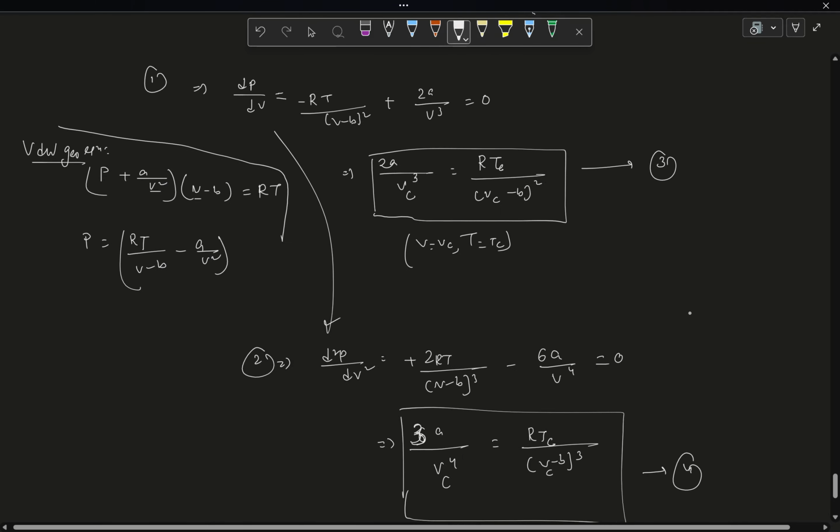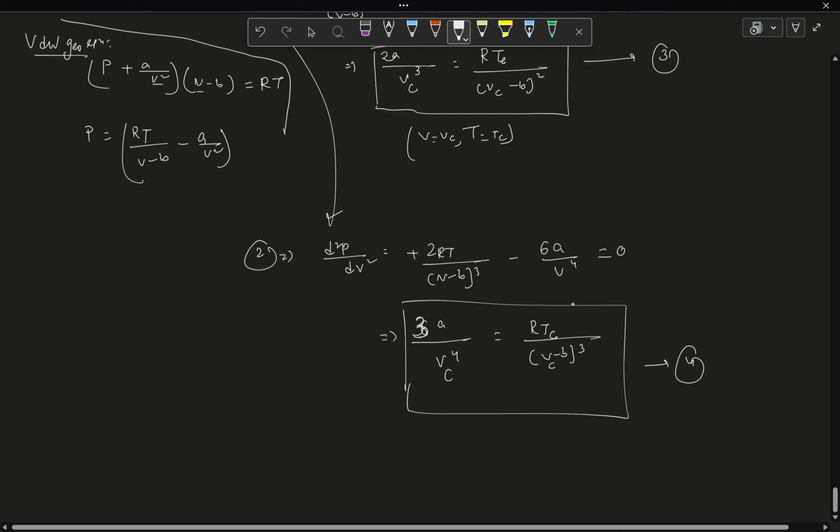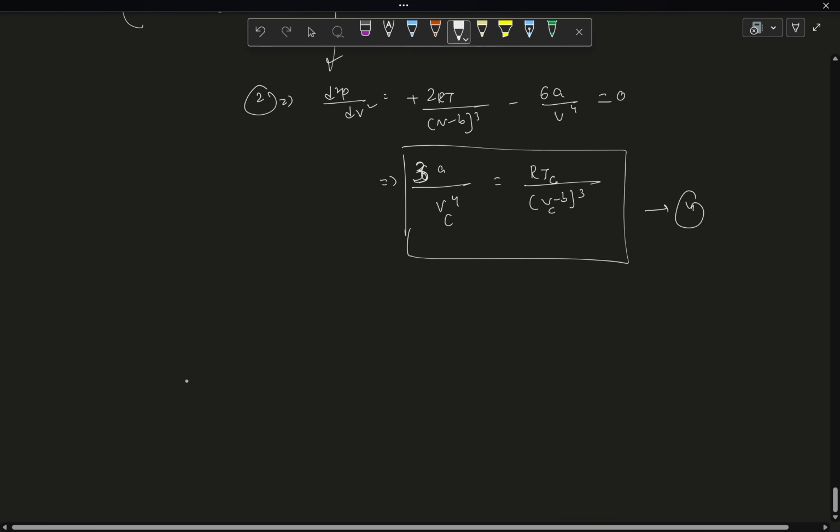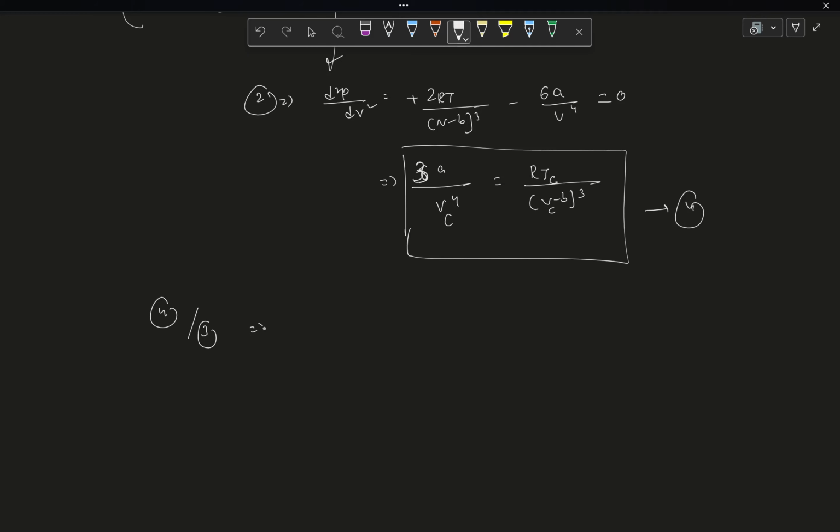Now from 3 and 4 you can simplify this and get a solution. You do 4 by 3.